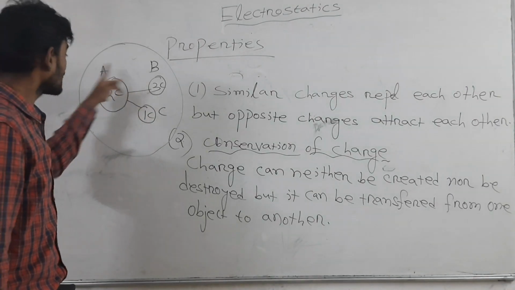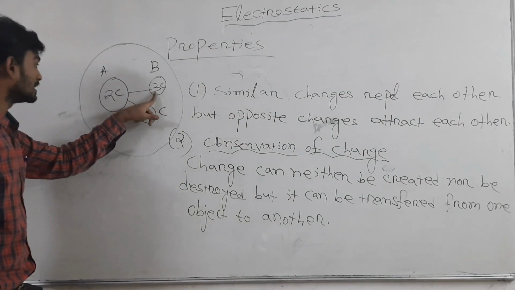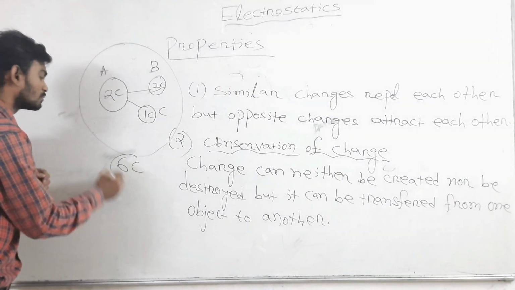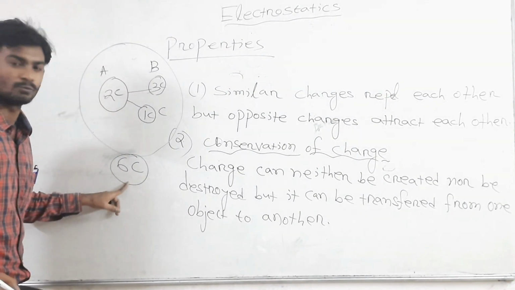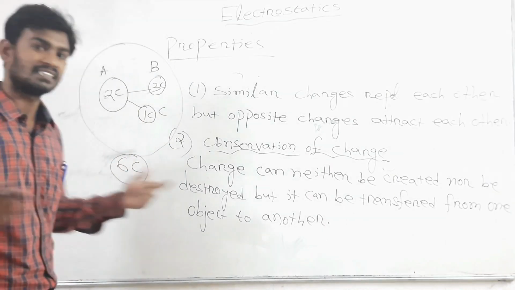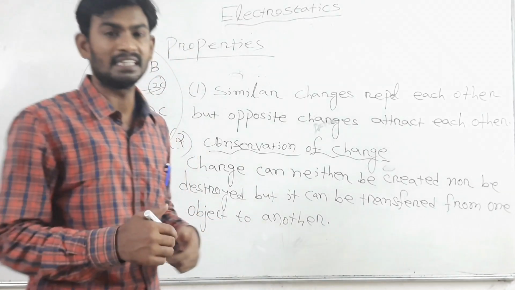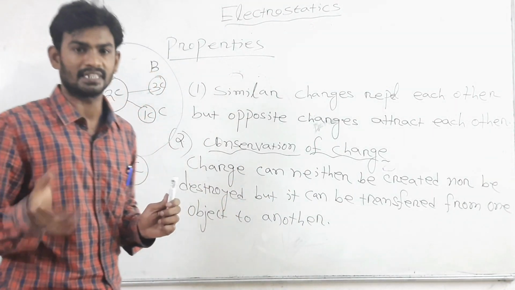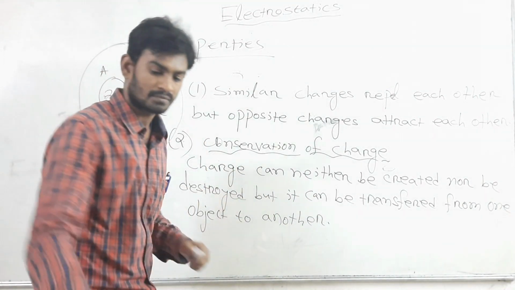So the total charge always remains constant, 3 plus 2 plus 1, 6 coulomb. So charge can neither be created nor be destroyed, but it can be transferred from one object to another object. This is the second property.